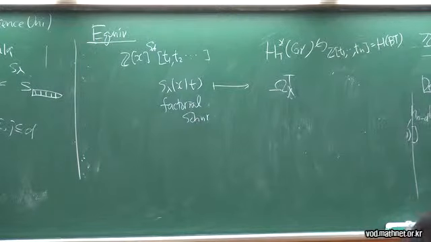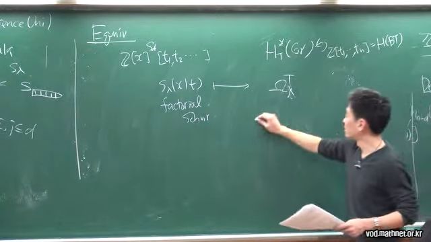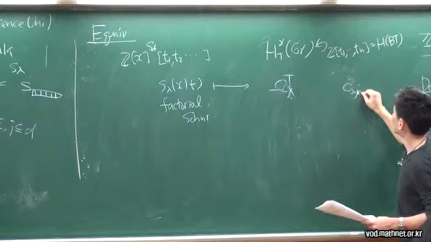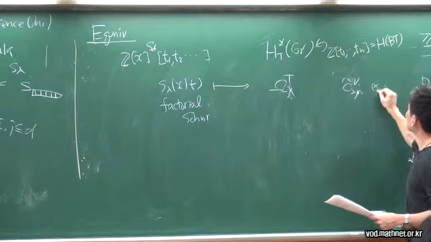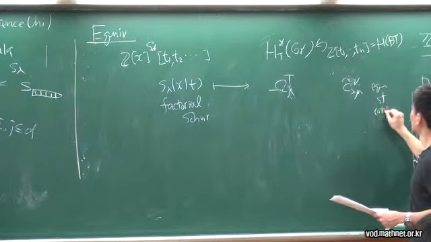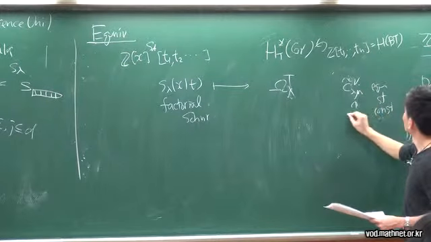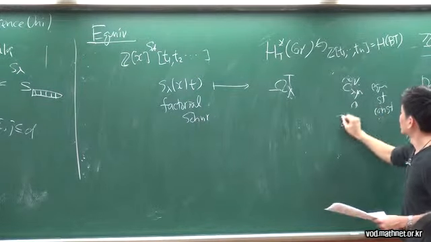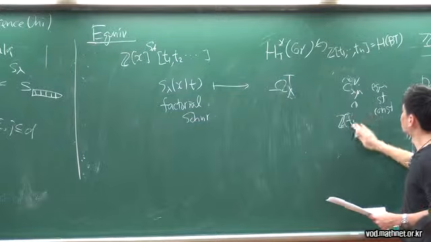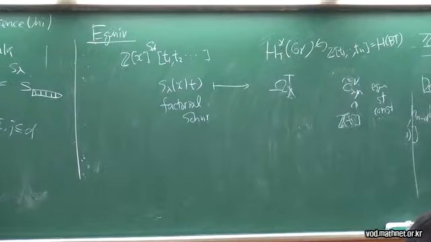And then you can also talk about equivariant structure constants, which are elements of the polynomial ring in the t variables.